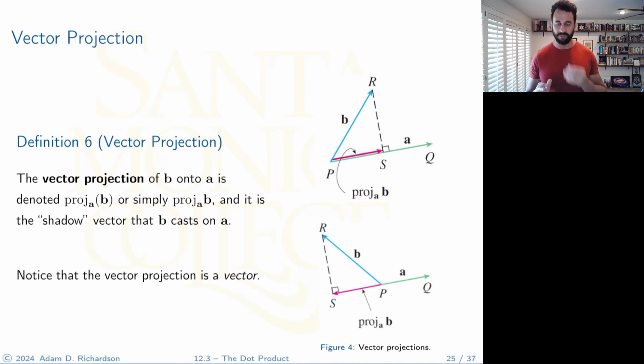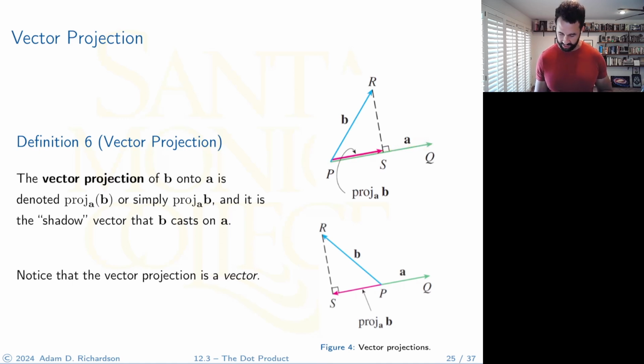So this is a good example. What is a vector projection? The vector projection of B onto A is denoted by proj sub A of B, and it's basically the shadow vector that B casts on A. So intuitively, that's what it is. Let's take a look at the figure here.